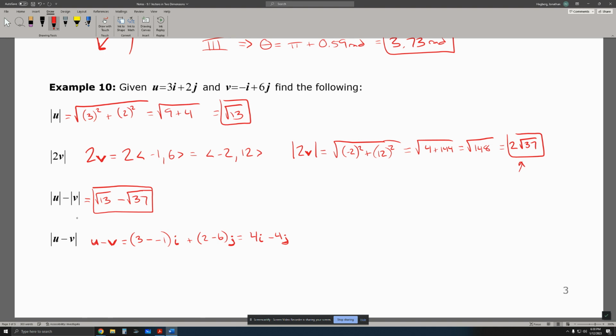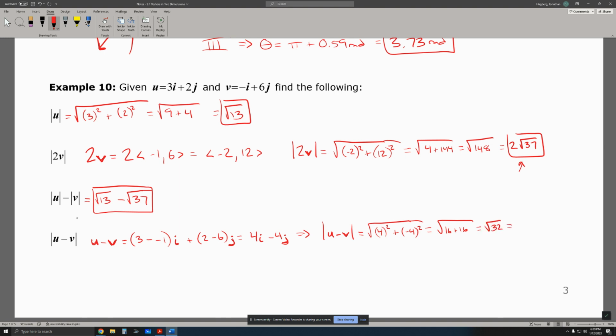Okay? If I wanted to find the magnitude of u minus v, then this is equal to the square root of 4 squared plus negative 4 squared, which is equal to the square root of 16 plus 16, or the square root of 32.